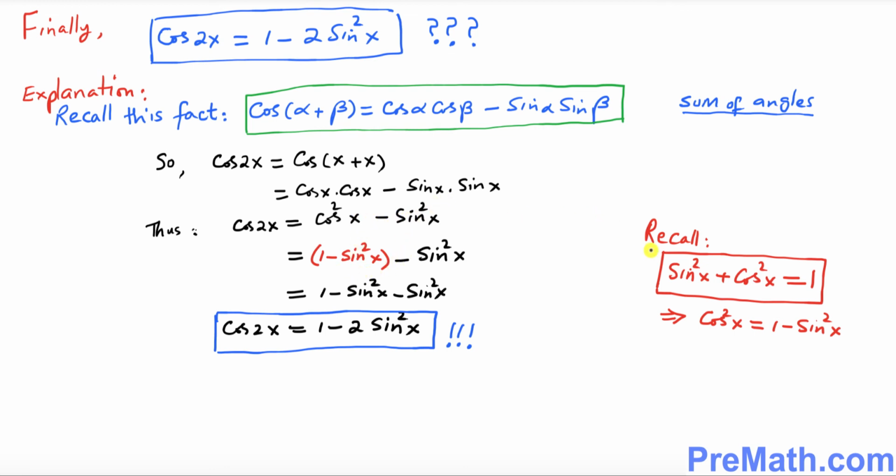Now, one more identity: remember that sine squared plus cosine squared is always equal to 1. That means cosine squared is 1 minus sine squared x. So I replace this cosine square by 1 minus sine square of x, and minus sine square x is already there. Once you simplify, you get the same fact over here. Did you see that?